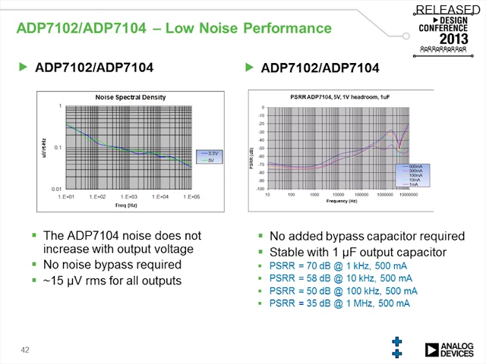The graph on the right is the 7102 and 7104, showing that no additional bypass capacitance was required. It's stable with a 1 microfarad output capacitor, where the power supply rejection does decrease with the frequency of the noise at the load, just like all LDOs do, but has excellent figures at 70 dB at 1 kilohertz, or 58 at 10, and still below 50 at 100 kilohertz.